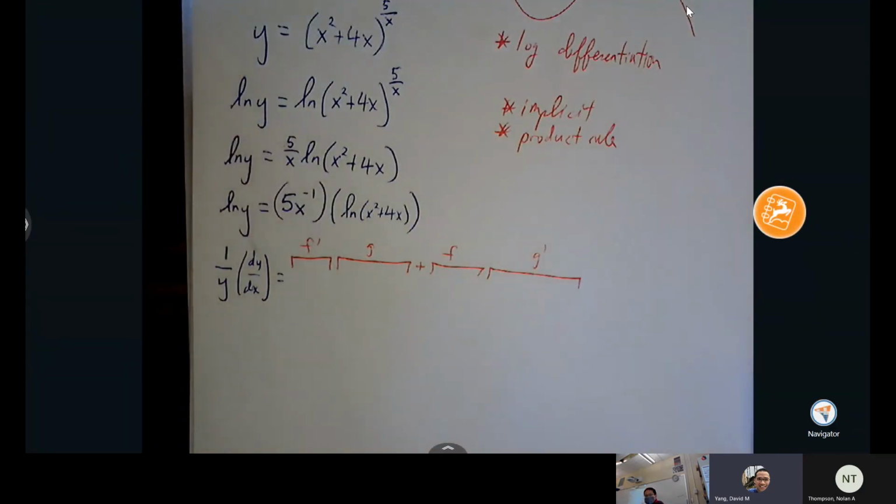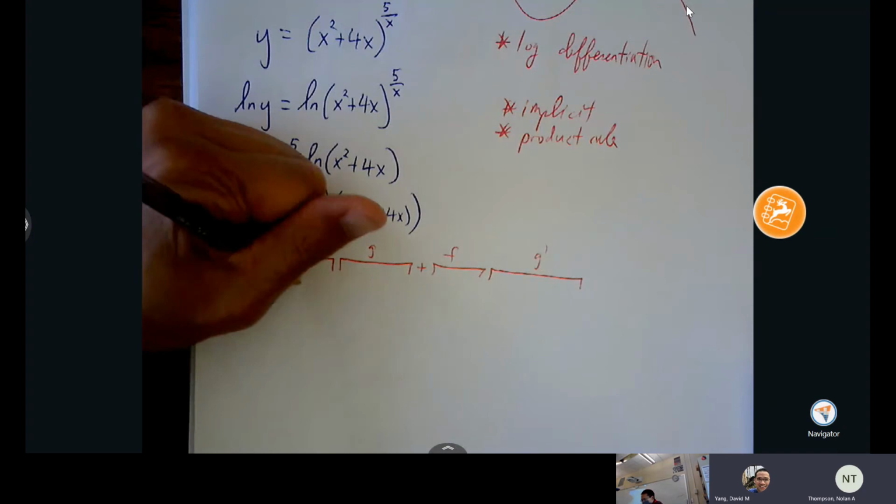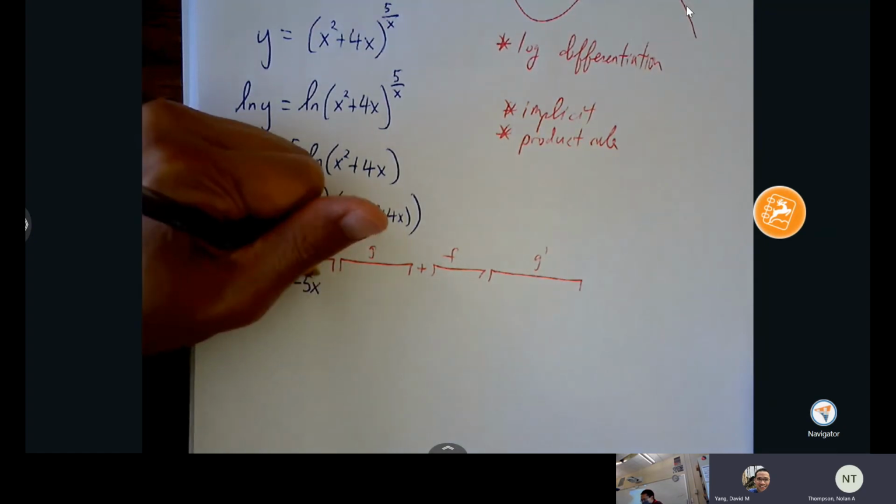Okay, what's f prime going to be? Negative 5x to the negative 2. Good.